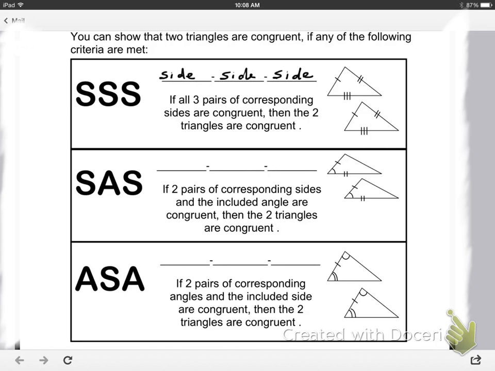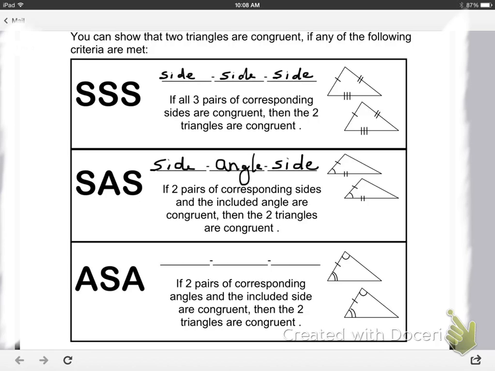They'll also be congruent if two pairs of corresponding sides and the included angle, and you can see that in the diagram, are congruent. Then the two triangles would be congruent. So we have two sides, but the angle has to be between the two sides. So we have side, angle, and then side. Then it's congruent.